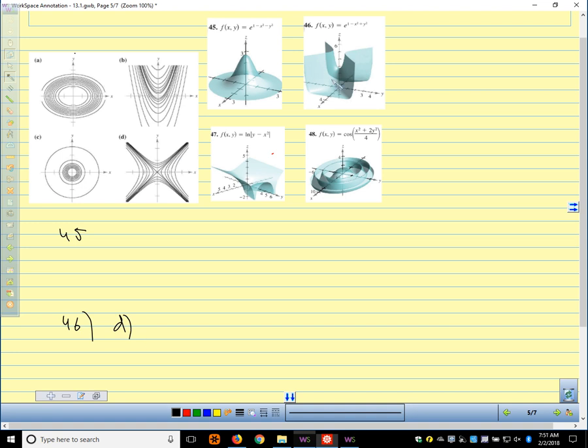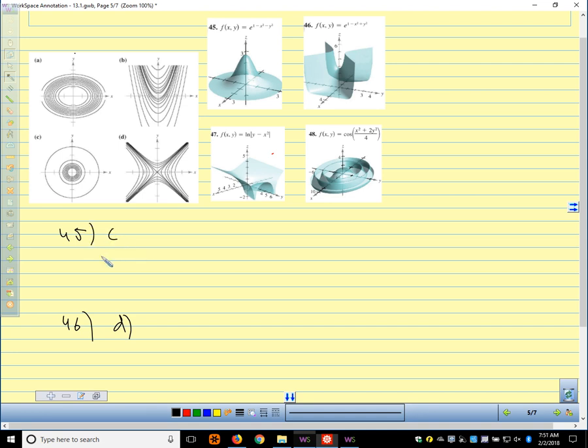You look at the shape of the surface, so you can kind of visualize this thing, some hills here, some hills here. 45 is C, because if you look down on this from the top, or if you think about cutting a slice out of this, you're going to get circles. So 45 has to be C.